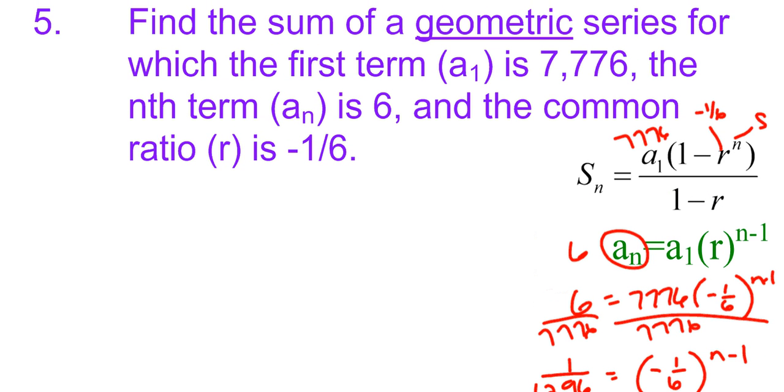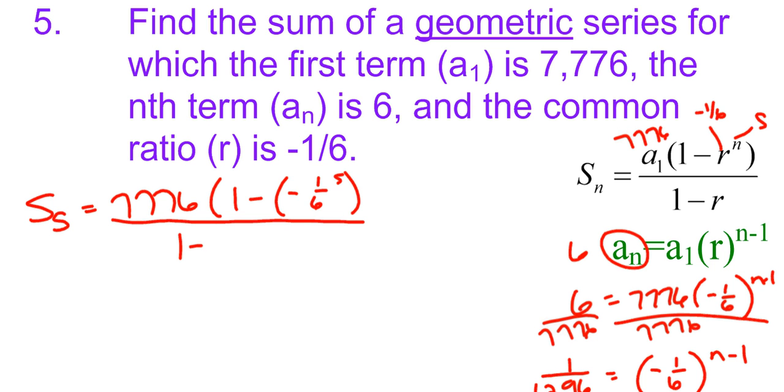So you can choose to use arithmetic or geometric here. I'm going to show you both, just make sure you have it down. So we're looking for S sub 5. A1 is 7776. 1 minus -1/6 to the 5th power divided by 1 minus -1/6. So as I go through and simplify this, I would do all of this on my calculator. -1/6 to the 5th, I'm going to do it on my calculator.